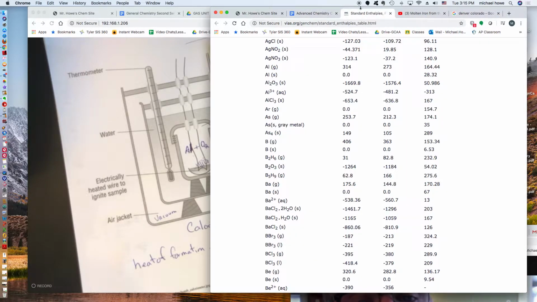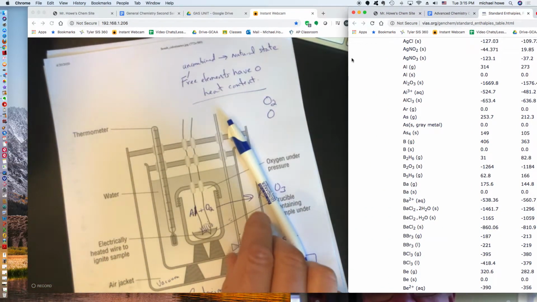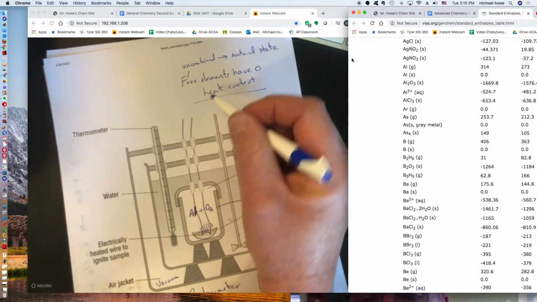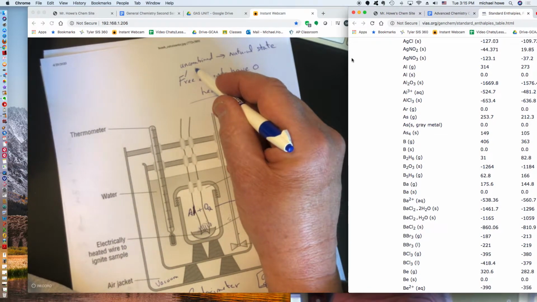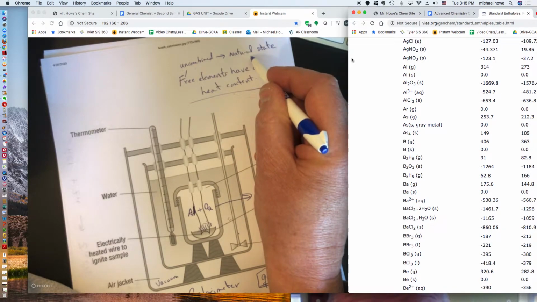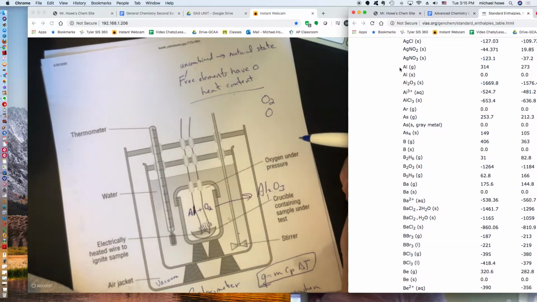Just like in chemistry, we say that free elements are arbitrarily defined as having a heat content of zero. And free means that the element is uncombined or in a natural state, meaning that it is in its normal, everyday state.